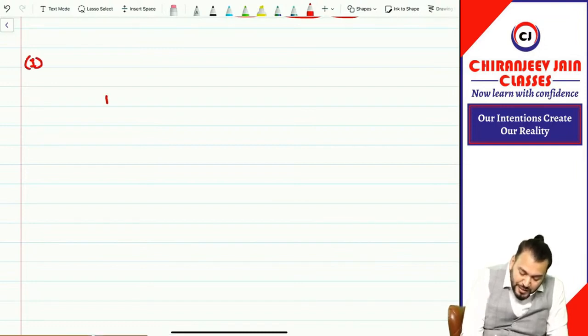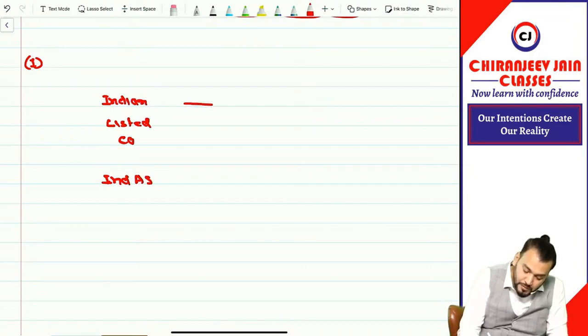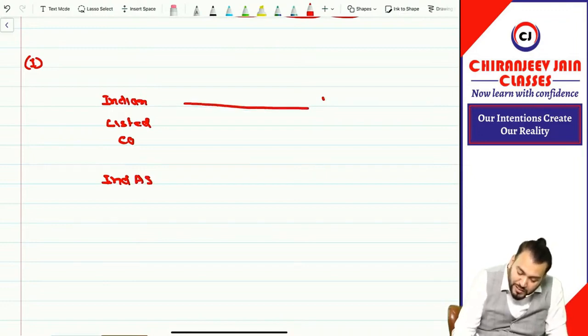Suppose there is one Indian listed company. Ind AS applicable? And it has one foreign subsidiary.